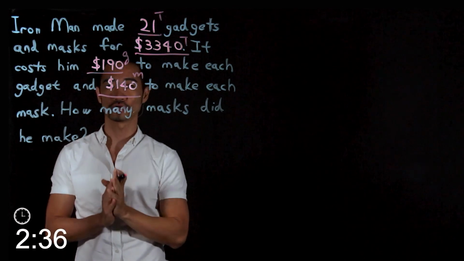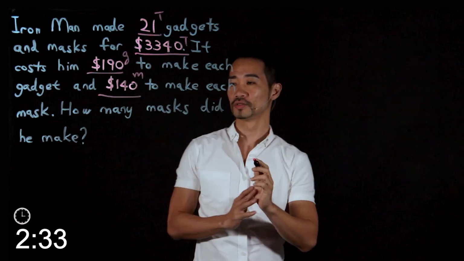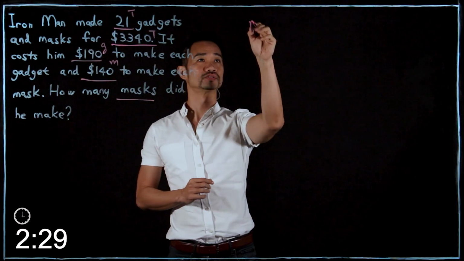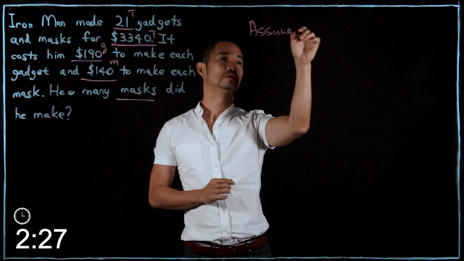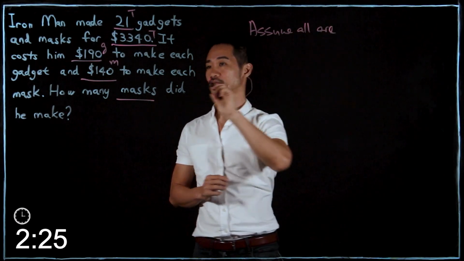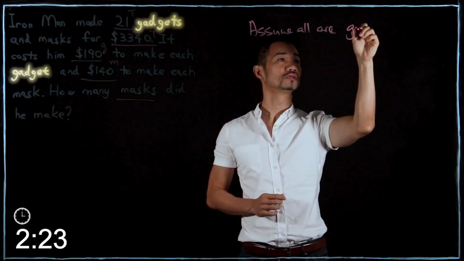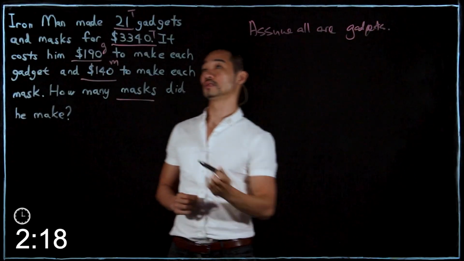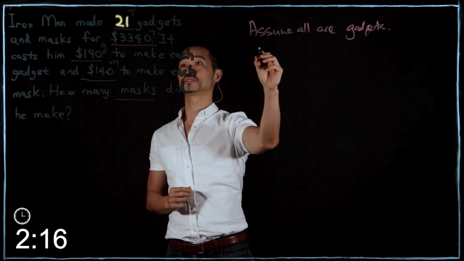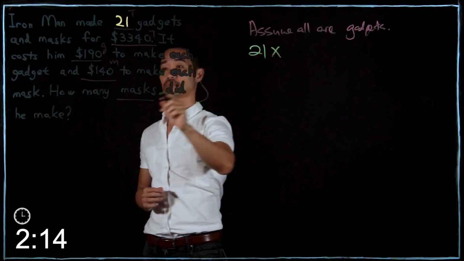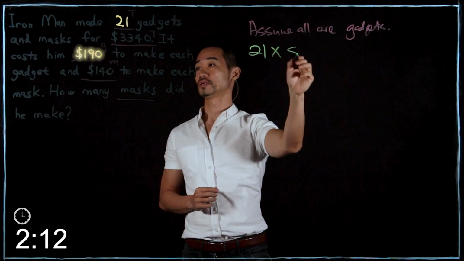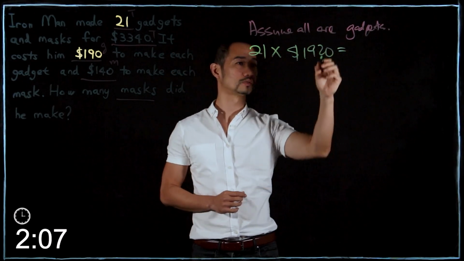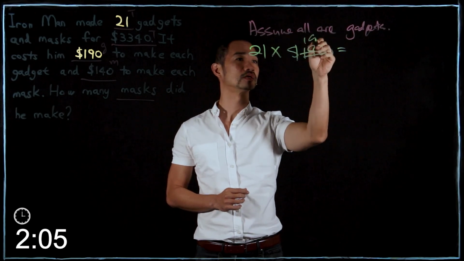Okay, so I think I can solve this using the assumption method. So if I'm trying to find masks, I need to assume the opposite. So assume all are opposite, which is gadgets. Then 21 gadgets multiplied by the price of gadget, which is 190.